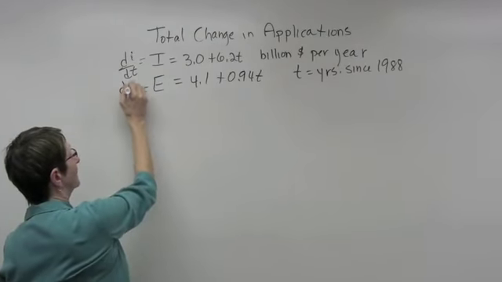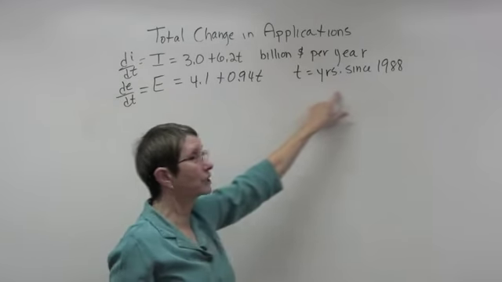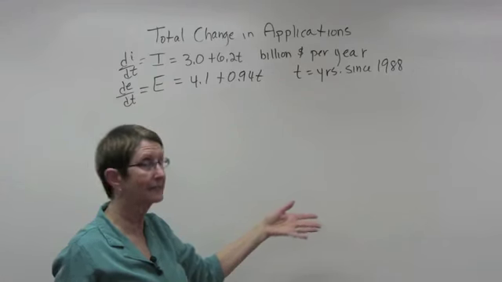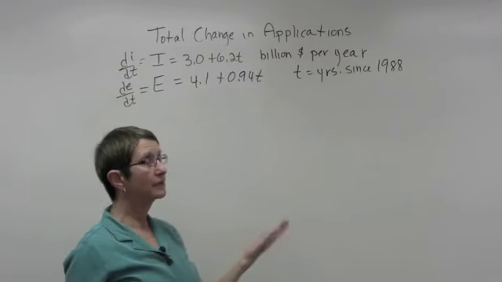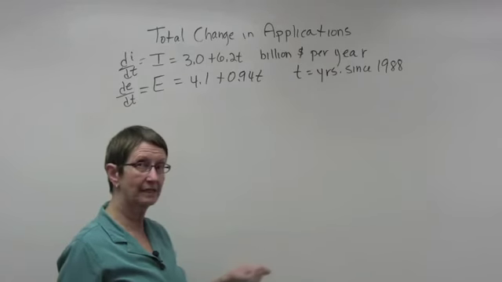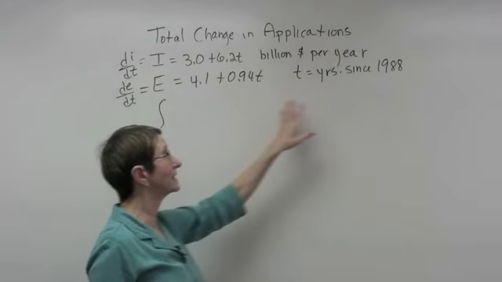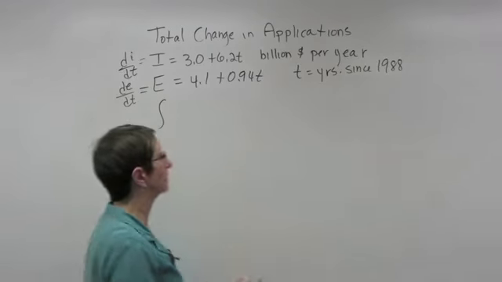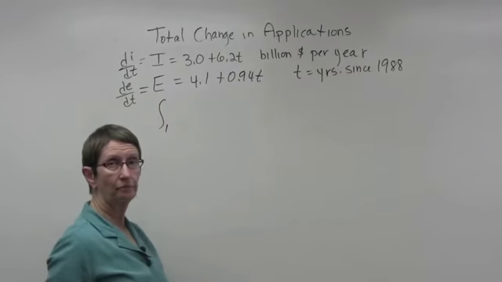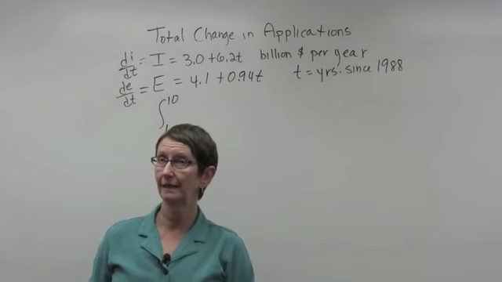So that would be dE dt. Our T year starts counting in 1988, and the problem wants to know the difference between imports and exports between 1989 and 1998. So if we think about the integral, if it starts in 1989, our time period would be 1, and 1998 would be 10. So we want the integral from 1 to 10.